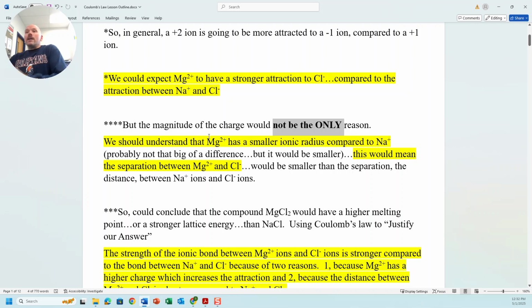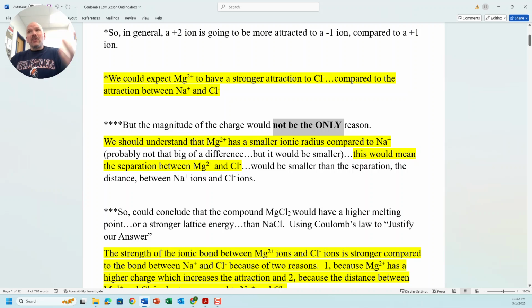But how do I know magnesium 2+ has a smaller radius than sodium 1+? And this really comes back to Coulomb's law. So we'd have to know that magnesium 2+ and sodium 1+ have the same electron configuration as neutral neon, right? If we looked at their electron configurations, it would be 1s2, 2s2, 2p6.